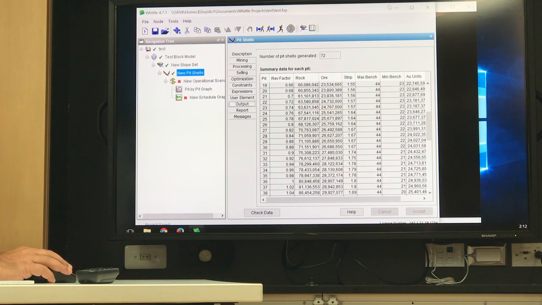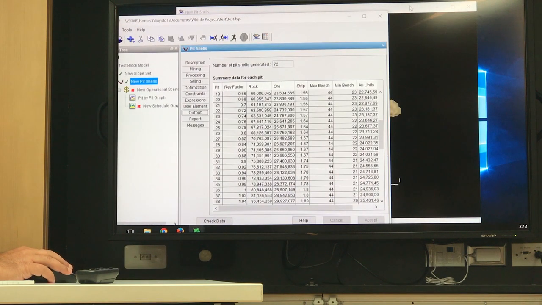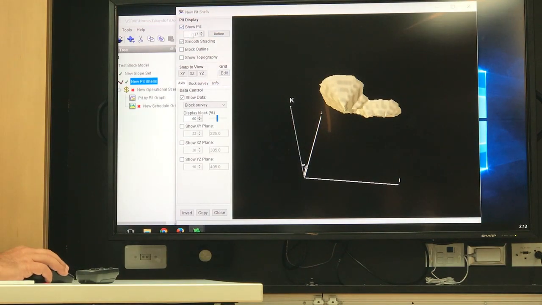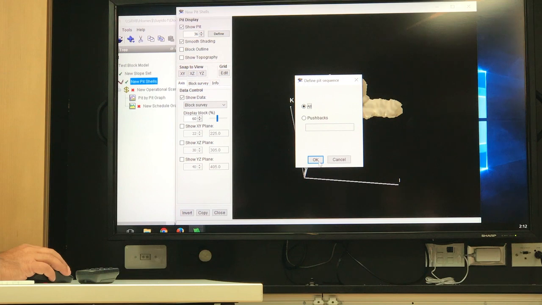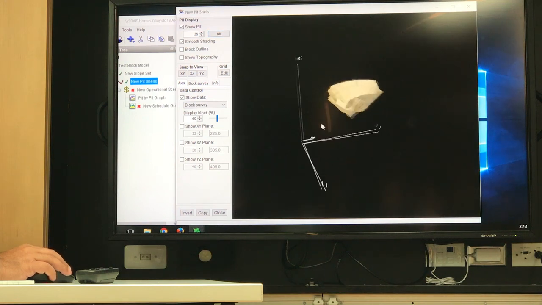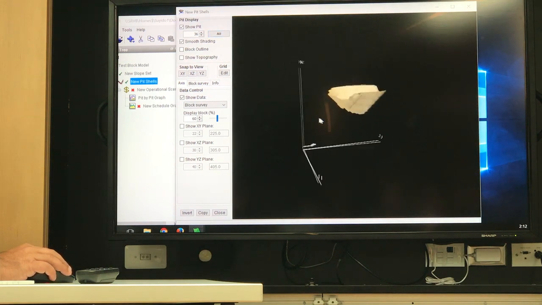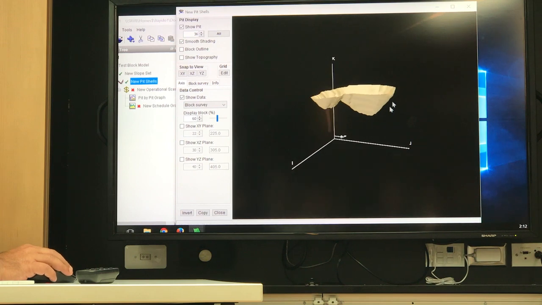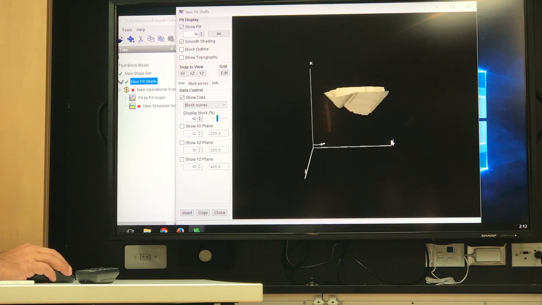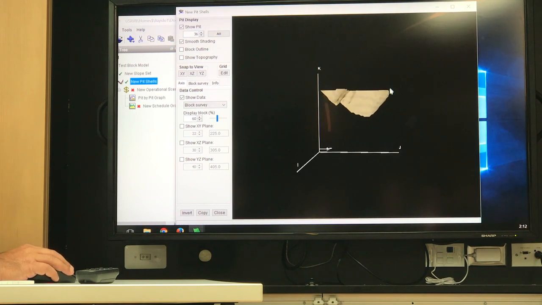If I look at pitch shell number 36, as you could see, part of the pitch shell has been cut. Why? Because the block wall is not large enough to cover the whole area.